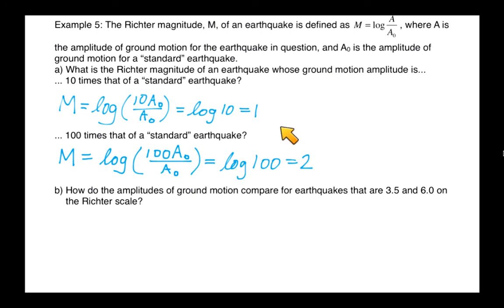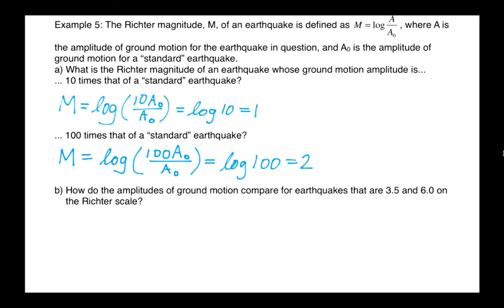So every time we're going up one number on the Richter scale, it's actually 10 times the amplitude of the ground motion. And so, like I said, because there's such a huge amount of variance between earthquakes, we use logarithms to take that crazy large amount of variance and size it down to numbers that are more manageable for us to look at.